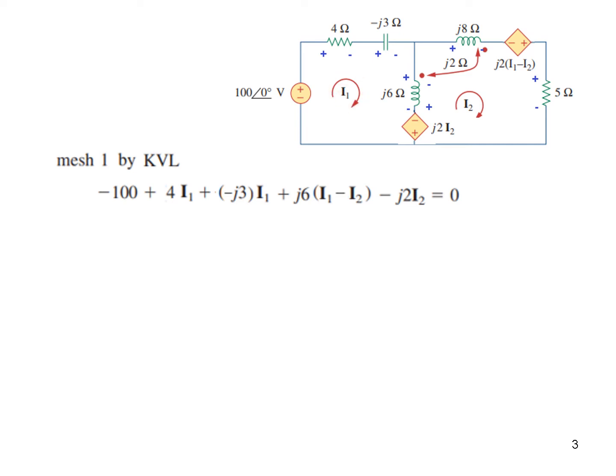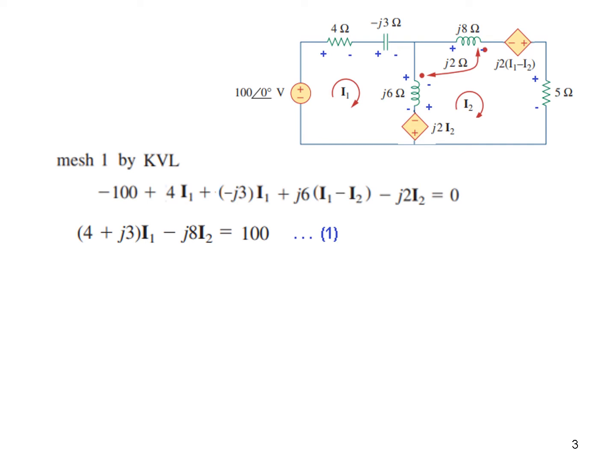So I1 minus I2, and the minus sign comes from here. We see the minus sign first, so minus j2 I2. So this is our first equation. We simplify and collect the like terms, and this will now be called equation number 1.